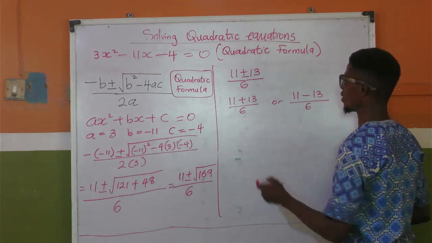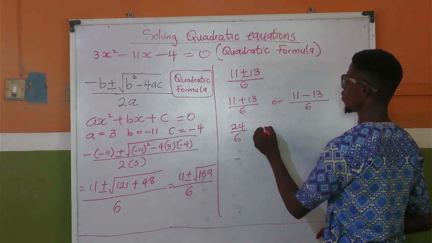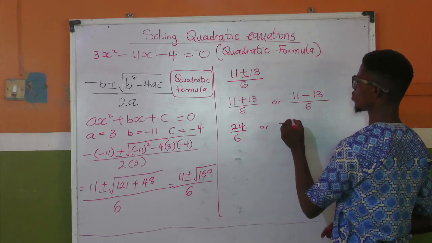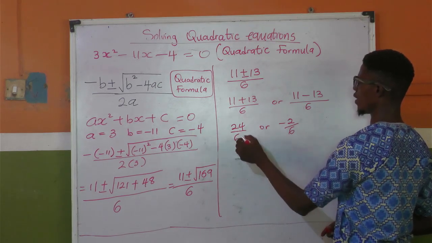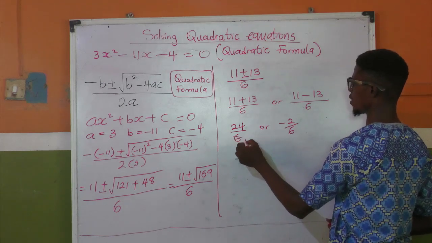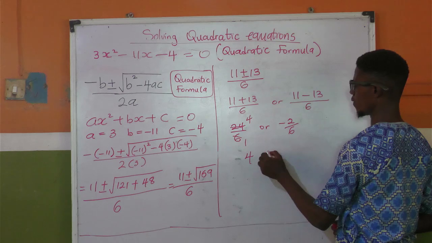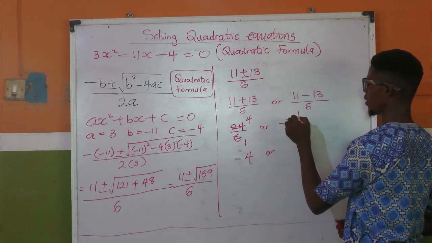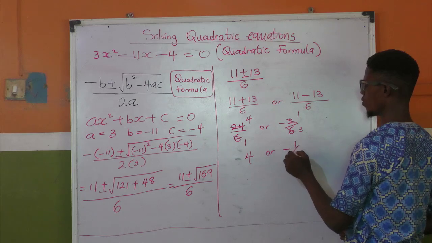So when we do that, 11 plus 13 here is 24 over 6, or minus 2 over 6. Now if you reduce this to the nearest term, you have 6 here 1 and 6 here 4. So you say 4, or now if you divide this by 2, you're going to have 4 or minus 1 over 3.